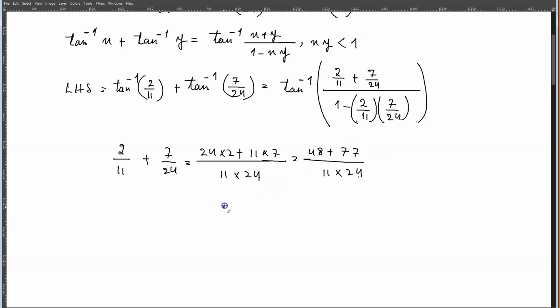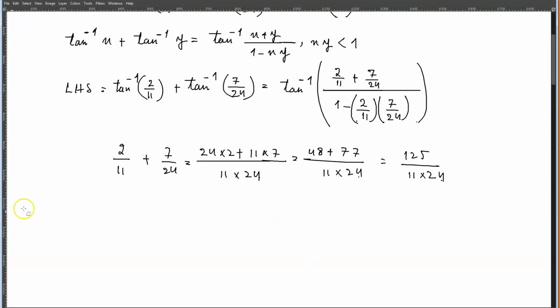Let's calculate this: 48 plus 77 is equal to 125. That's 125 by 11 times 24, right?